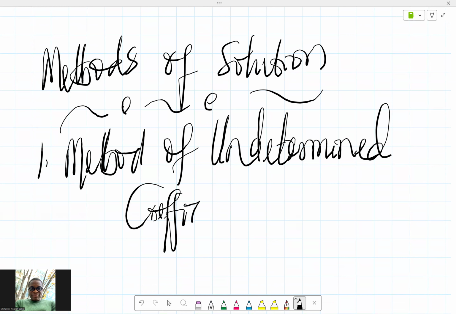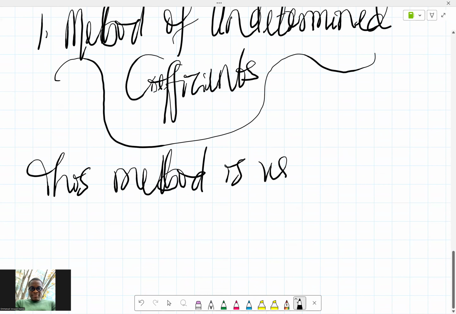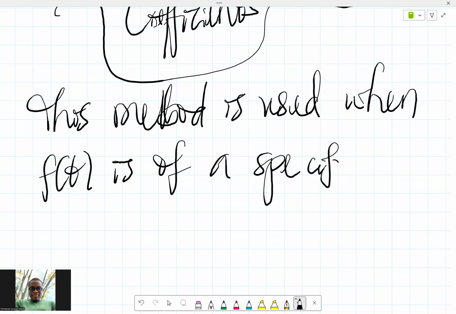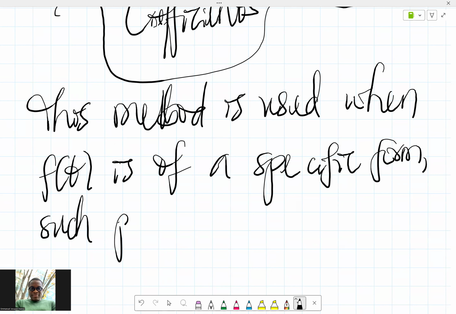This method is used when f of t is of a specific form, such as polynomials, exponentials, sines, and cosines.